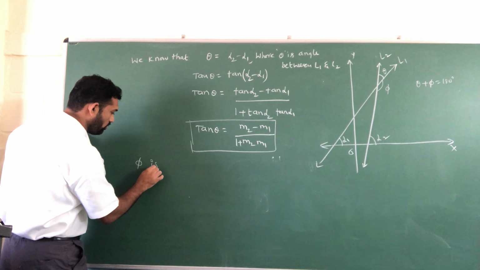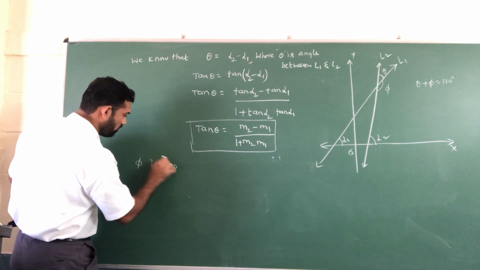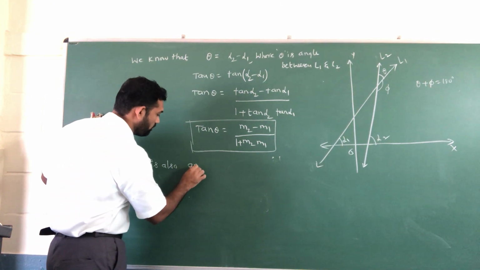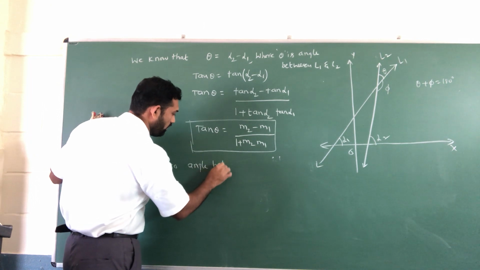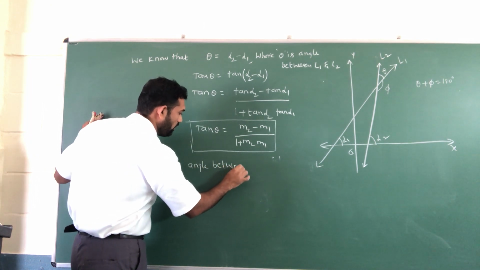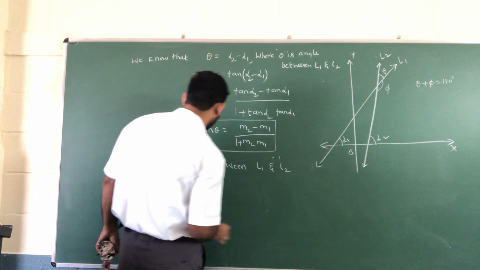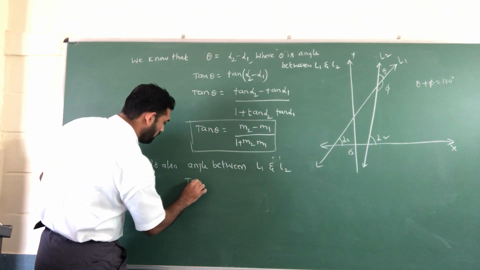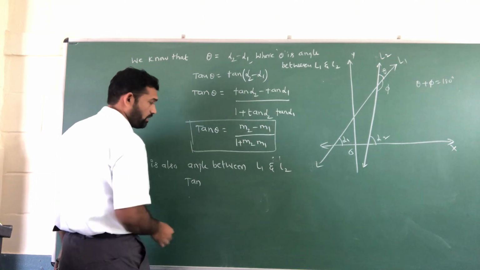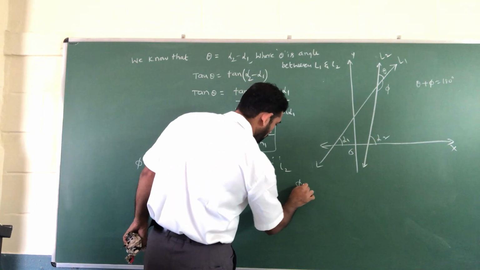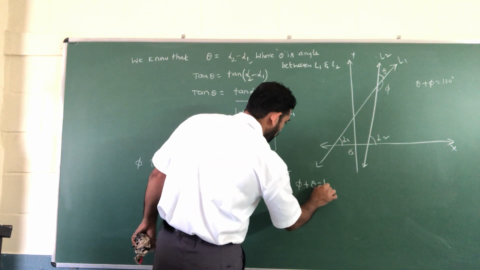Phi is also the angle between L1 and L2. So phi plus theta is equal to 180.